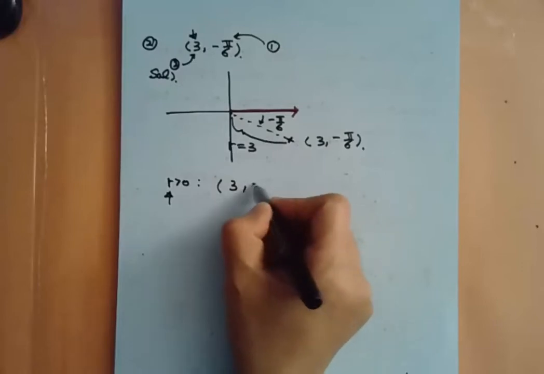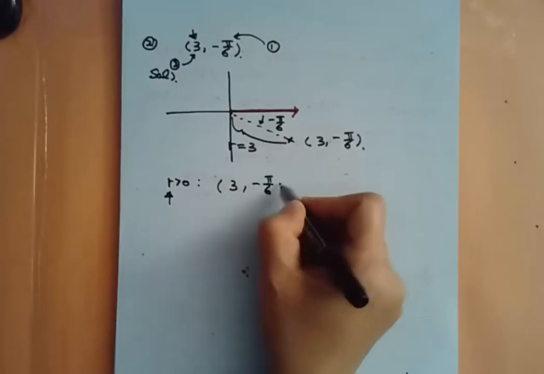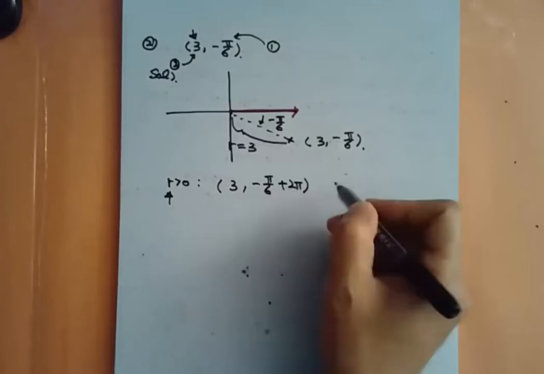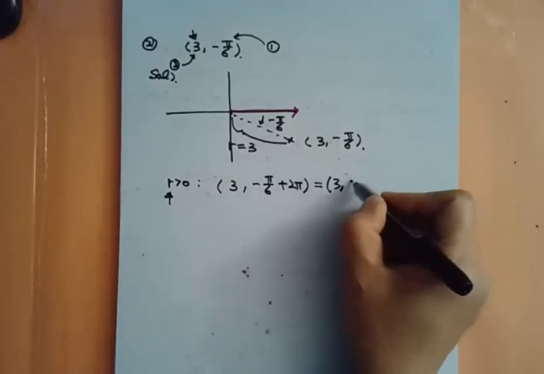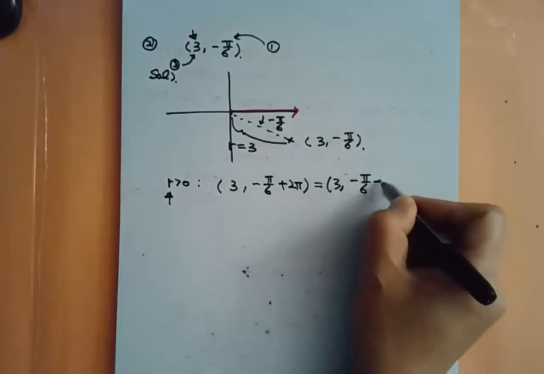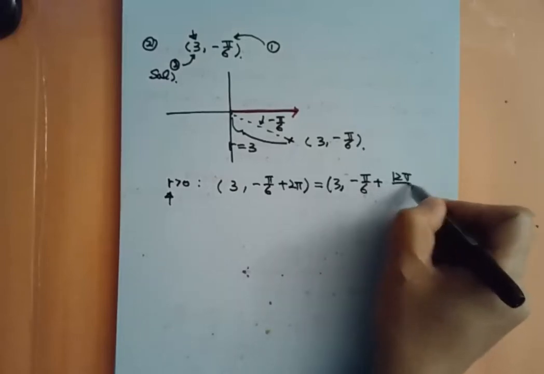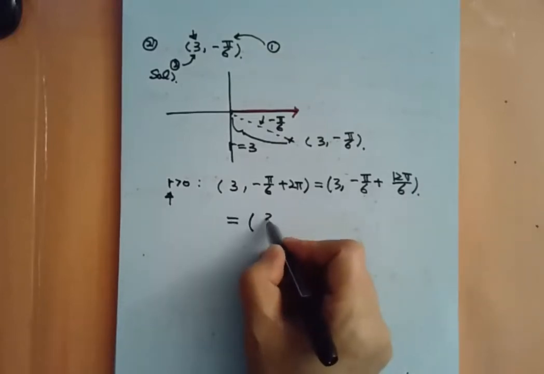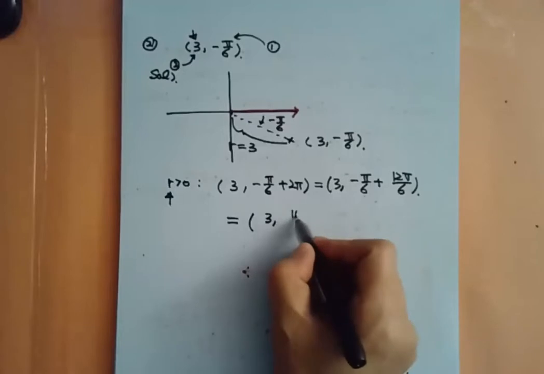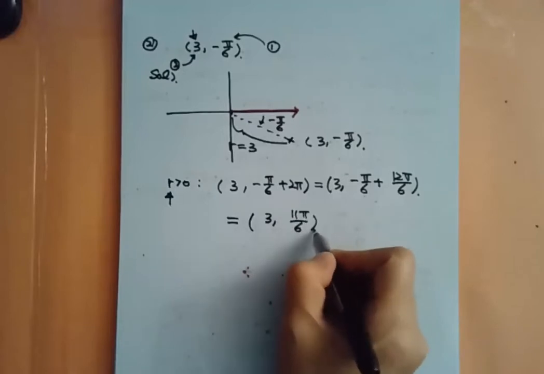So 3 and minus pi over 6 plus 2 pi, then that is 3 and minus pi over 6 plus 12 pi over 6. So we have 3 and 11 pi over 6.